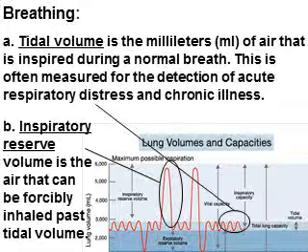Breathing involves several variations. Let's look at tidal volume. This is the volume that we often measure when we're trying to detect acute respiratory distress and chronic illnesses, which I'll talk about. Tidal volume is simply the milliliters of air that are inspired or inhaled during a normal breath. And you can see it.